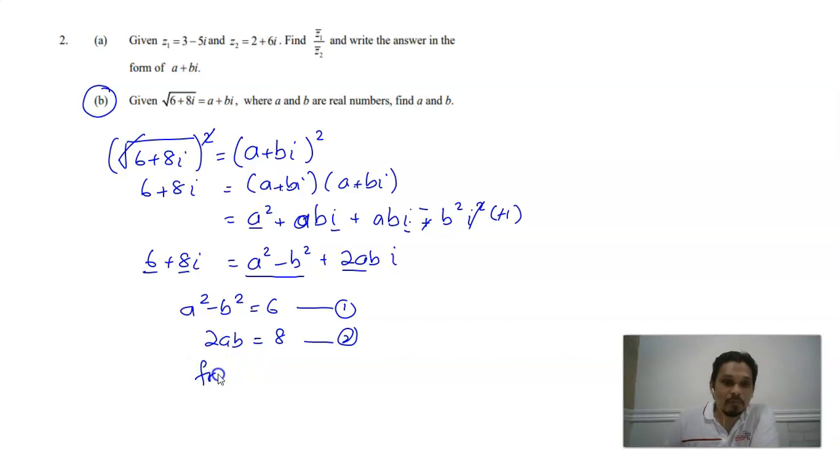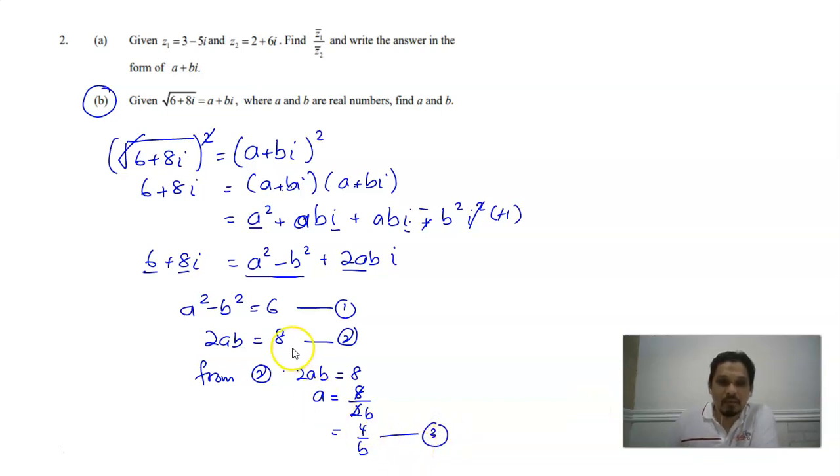So from equation 2, 2ab equal to 8, then a equal to 8 divided by 2b, which is 4 divided by b. Then assume that this is equation 3.